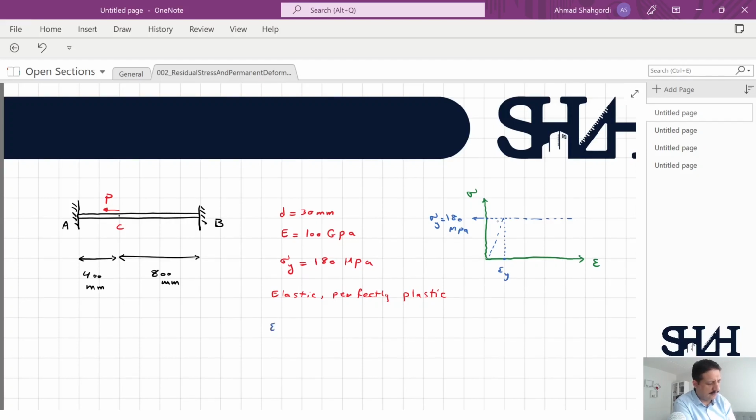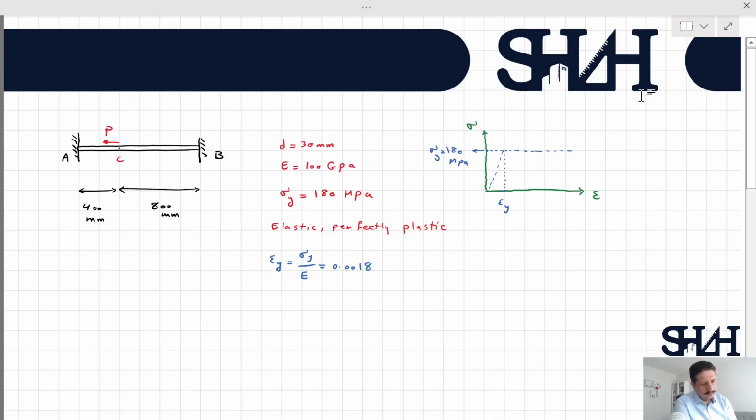We can calculate epsilon y by the equation sigma y divided by E, so it will be 0.0018. After that it becomes plastic, and the material cannot take more than the relevant or plastic load.